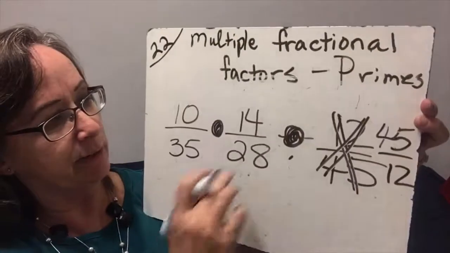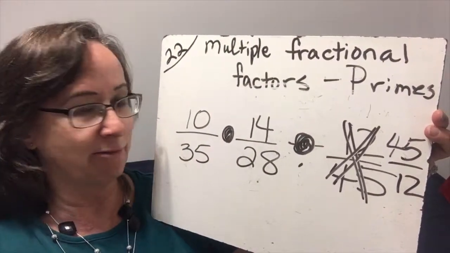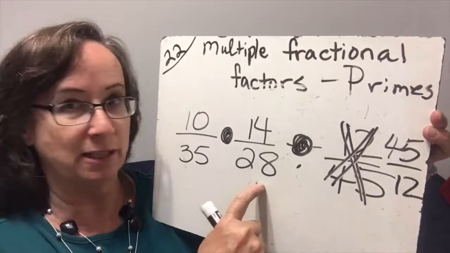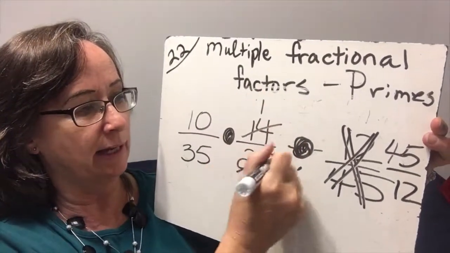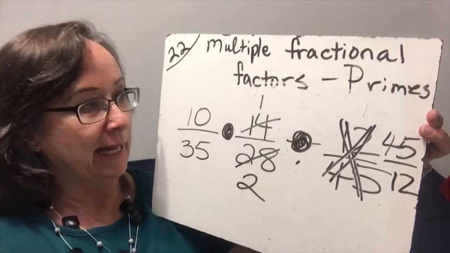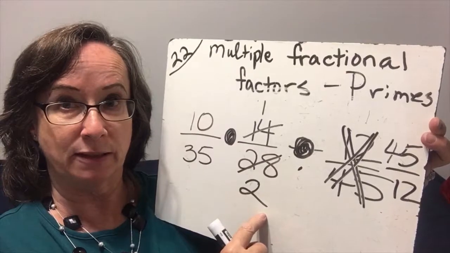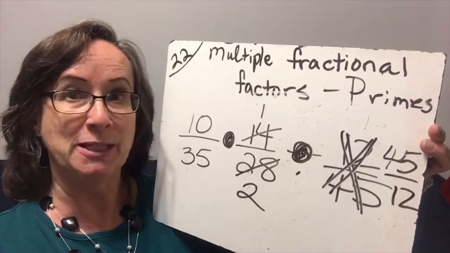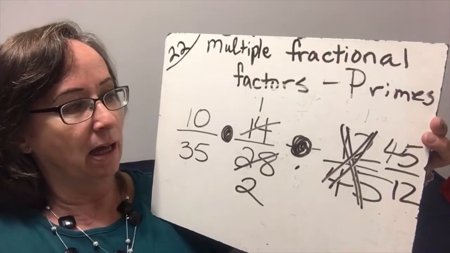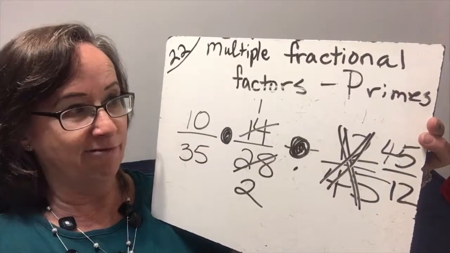Can you see that 14 and 28 have a common factor of 14? 14 plus 14 is 28. So we can cancel this with a 1 and a 2. Okay, if we factored, we would get 2 times 7 and 4 times 7. And then we would cancel the 2 and the 4 and get 1 and 2. So I'm just seeing the factors and I'm doing it faster.